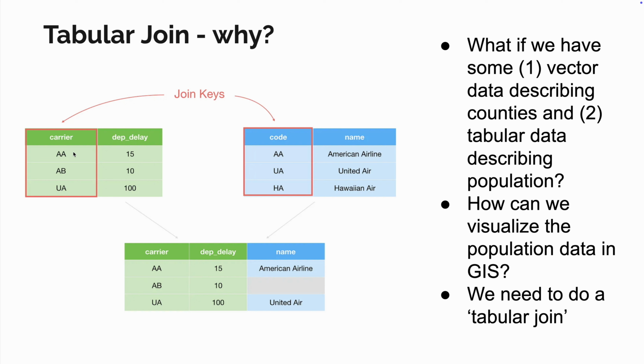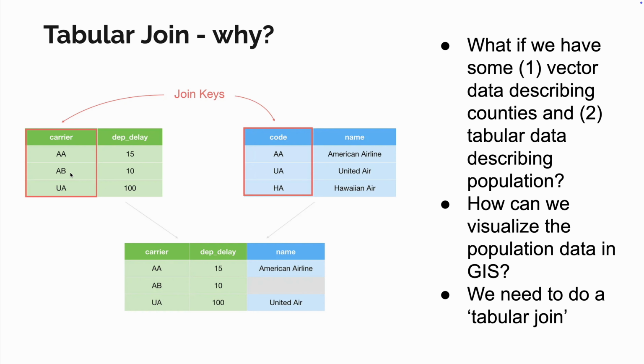Here you will see for the row where the carrier and the code are both AA, we have essentially the overlap of these two columns. We have the three unique columns, and the carrier and code get written to the output as well.